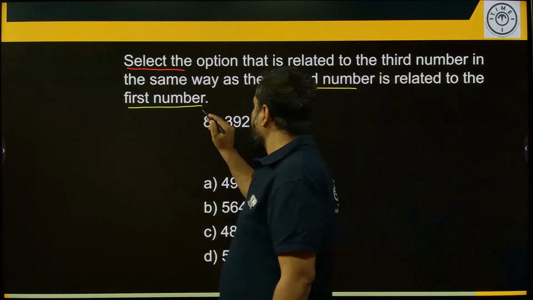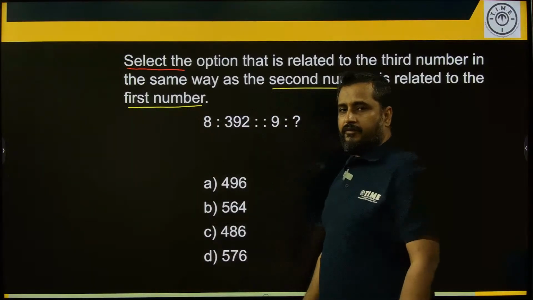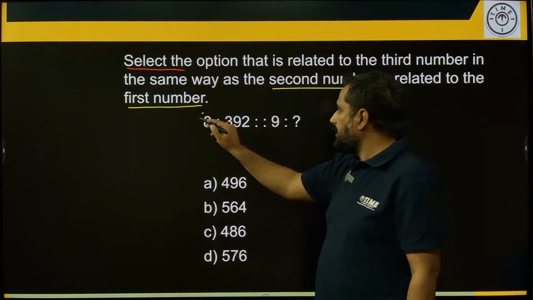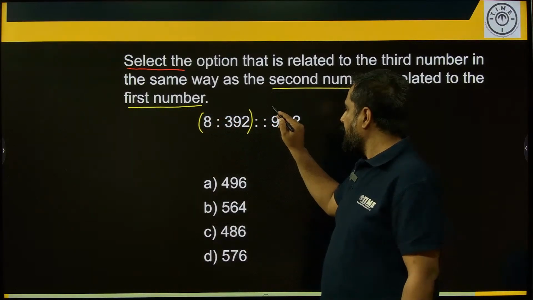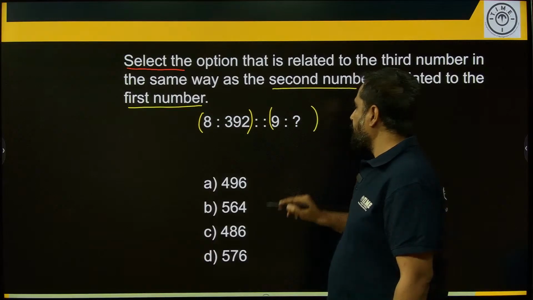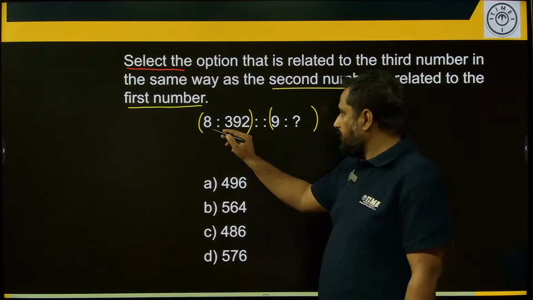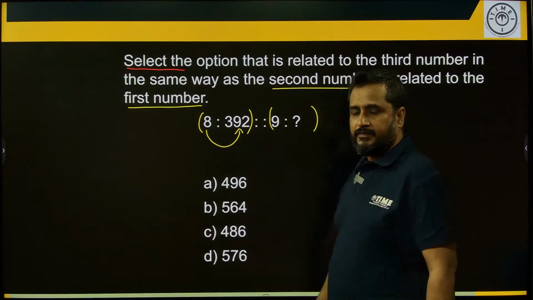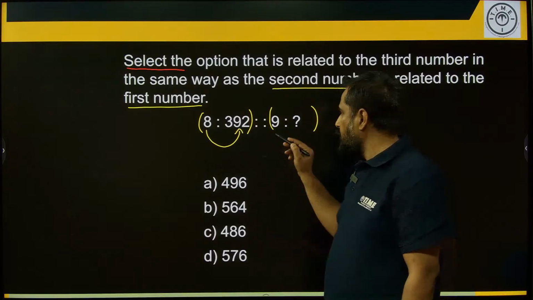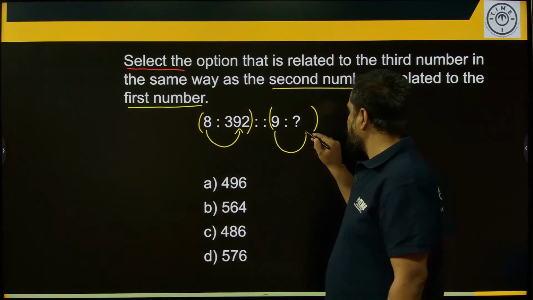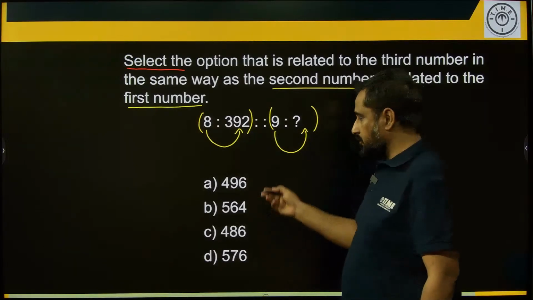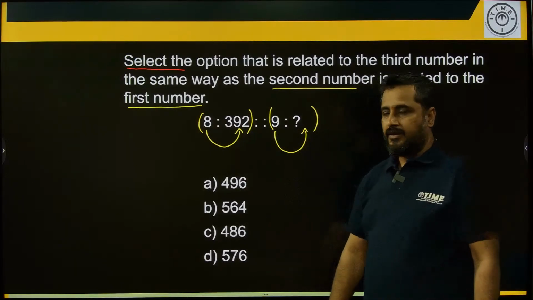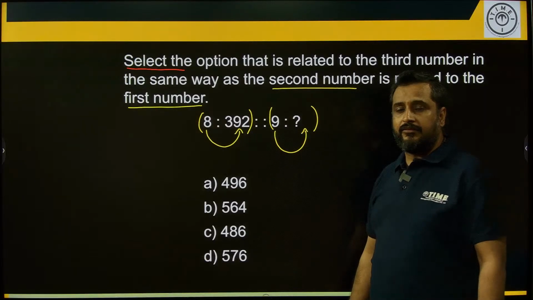So basically what we have to do is identify the logic in the left side pair, and the similar logic has to be applied in the right side pair. From the first number to the second number we identify the logic, and the similar logic we apply from the third number to the fourth number to get the required answer. Now let's look at the logic given in this question.